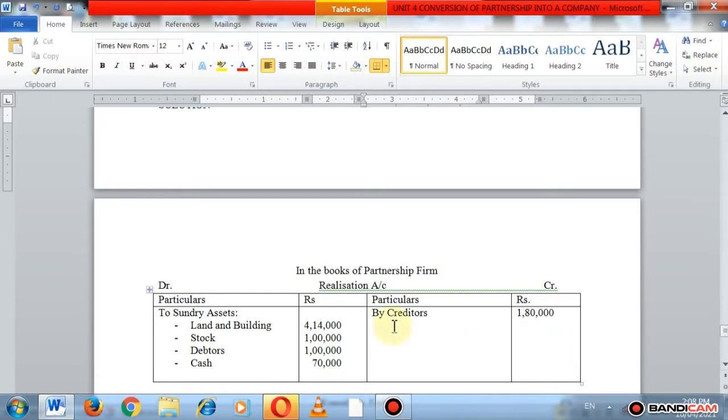So entry will be the realization account. On the credit side of realization account, we transfer by Komal Company Limited. It means the entry will be Komal Company Limited account debit to realization account.